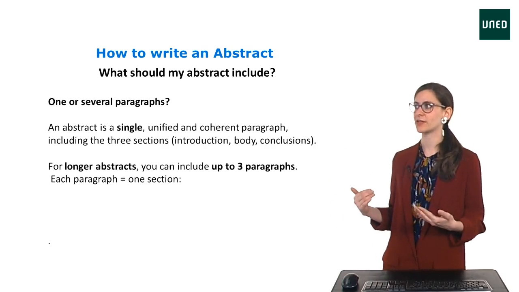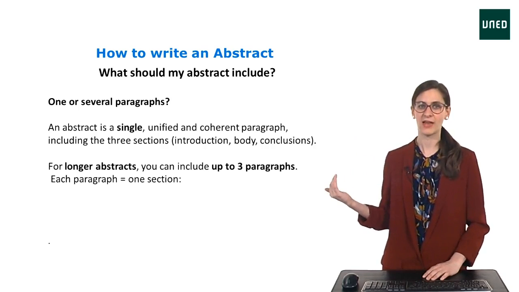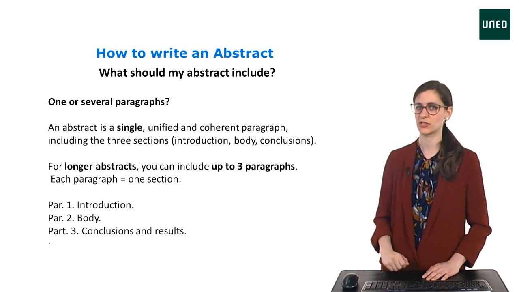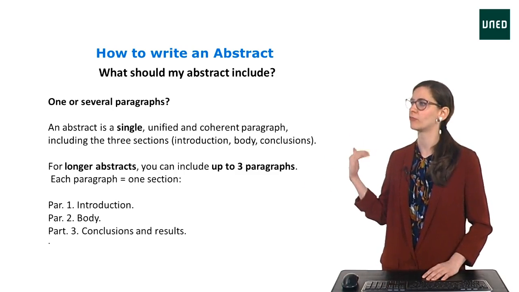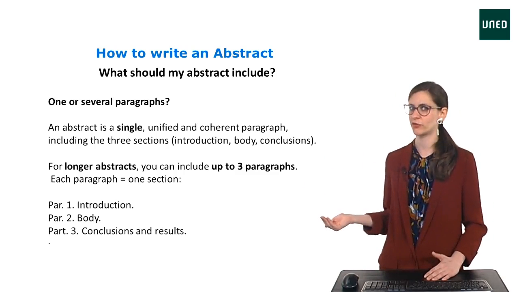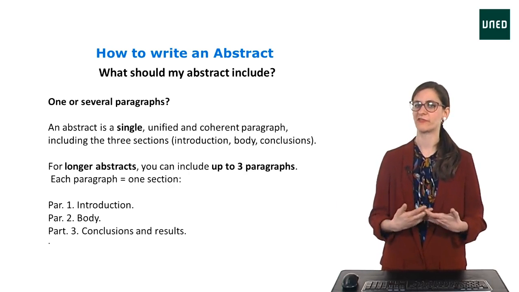Nevertheless, for longer abstracts, you can include up to 3 paragraphs. And what we'll do then is that in each paragraph, we'll write 1 section. Okay, so in the first paragraph, we'll write the introduction. In the second paragraph, we'll write the body of our abstract. And then we'll use the third paragraph for conclusions and results.